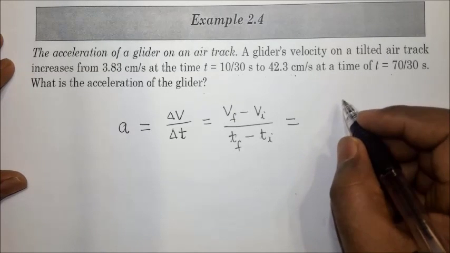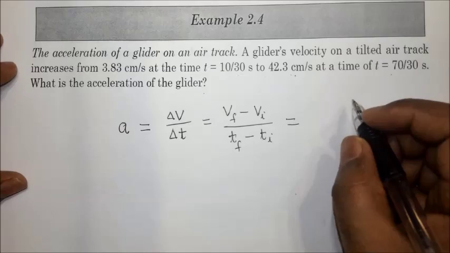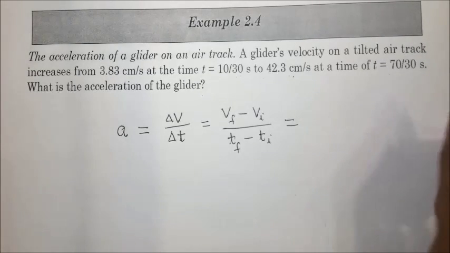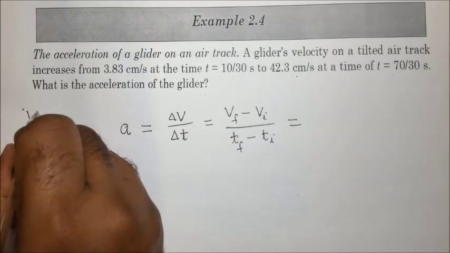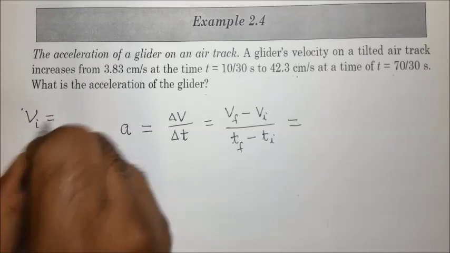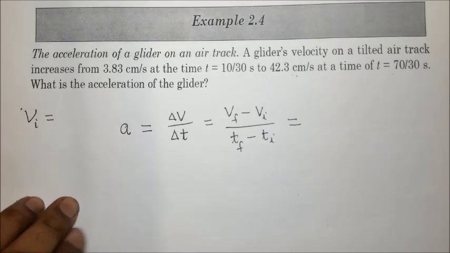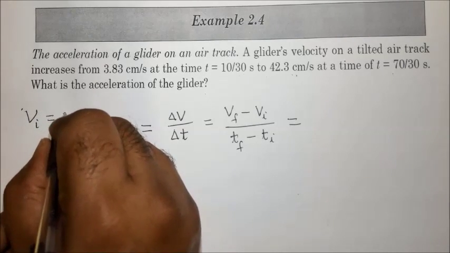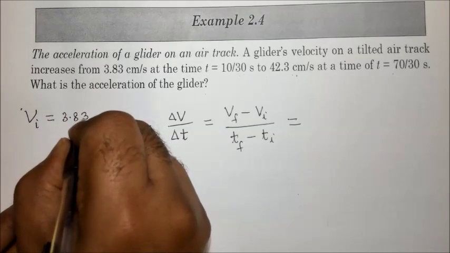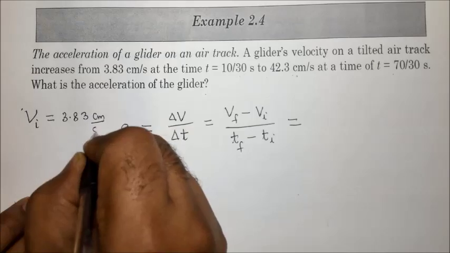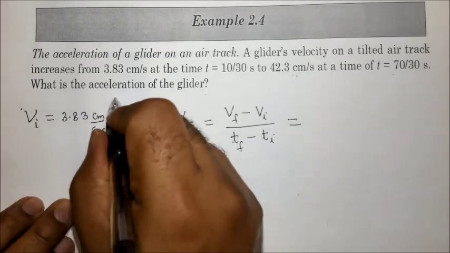So what will happen here? What is initial velocity? V initial is how much? 3.83 centimeter per second.